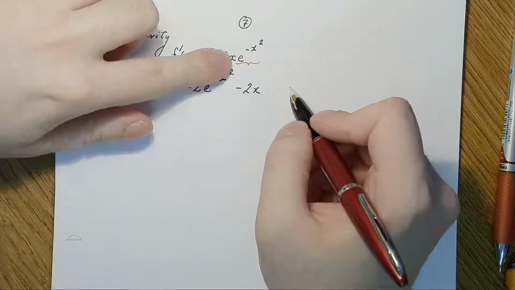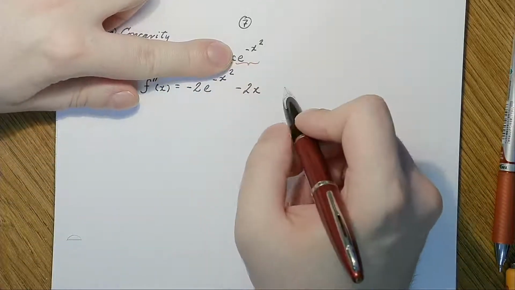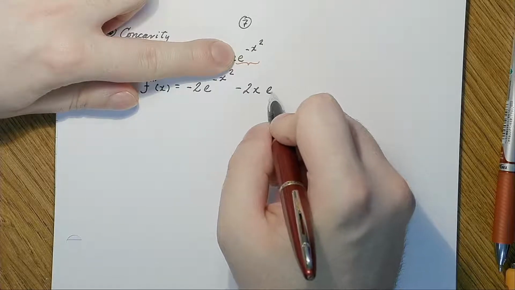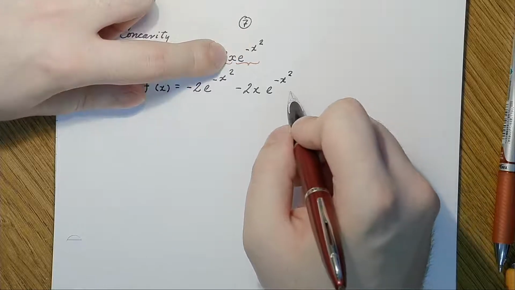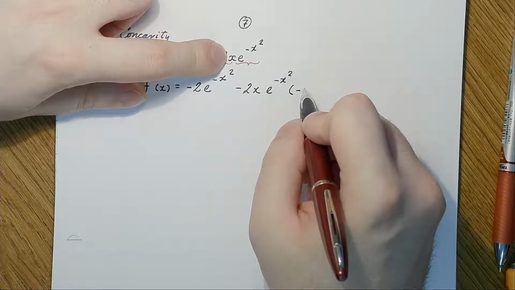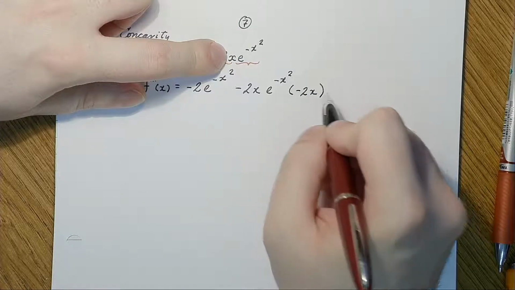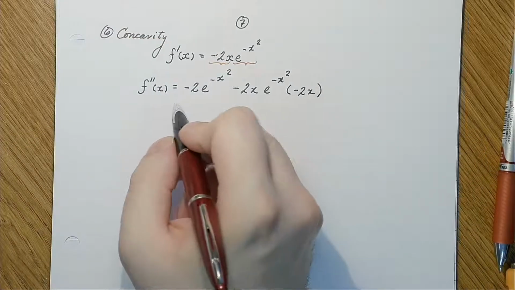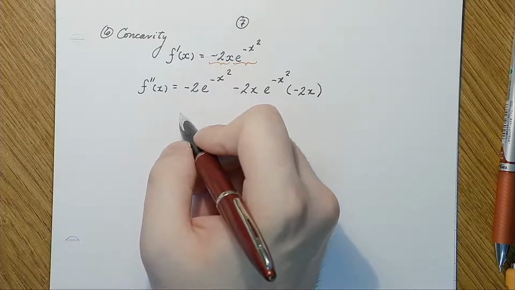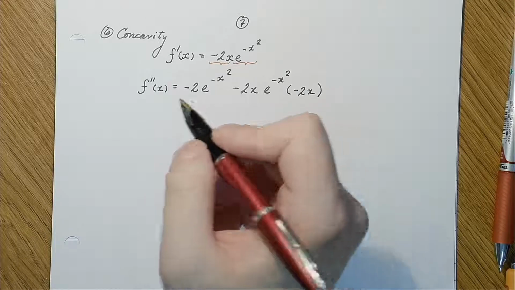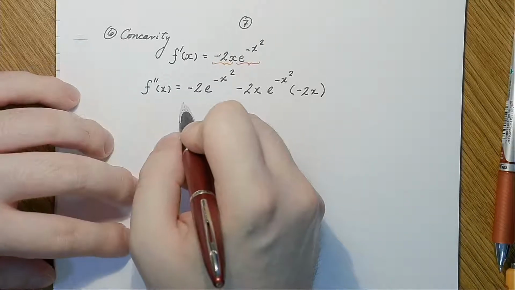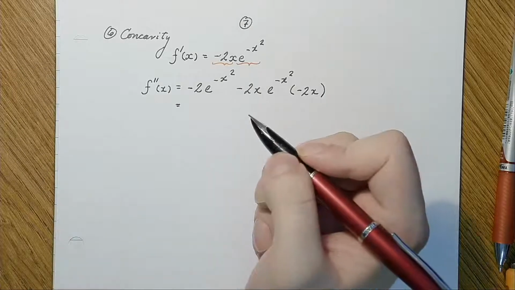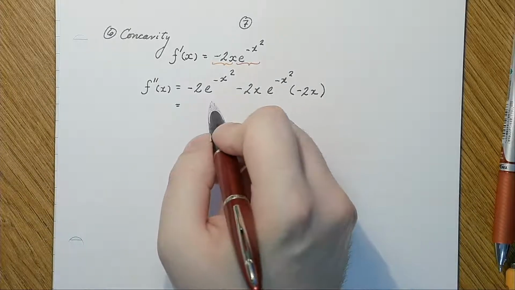So that's itself times the derivative of the exponent, so minus 2x.